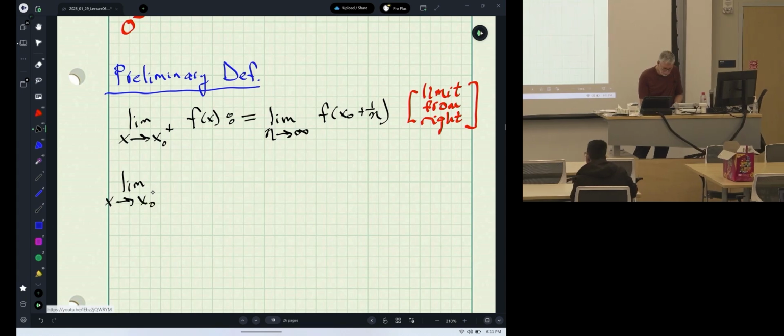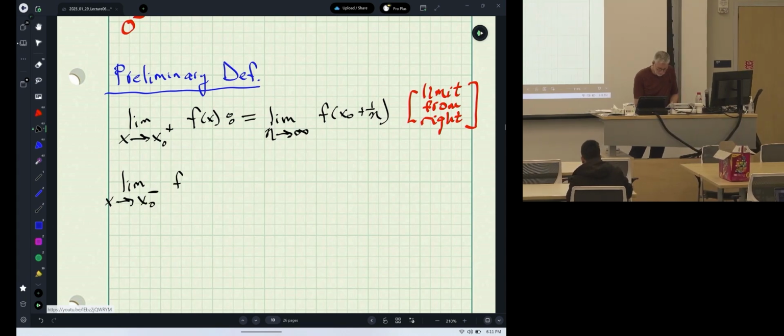The limit as x approaches x0 from the left is by definition equal to the limit as eta goes to minus infinity of f of x0 plus 1 over eta.